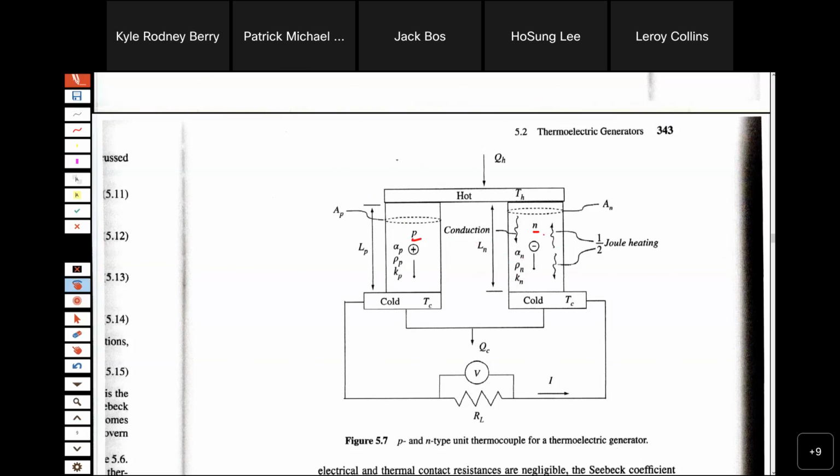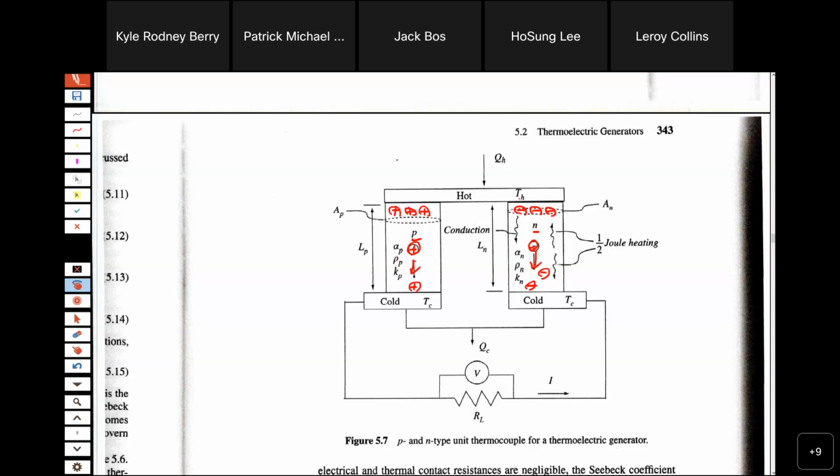In N-type, electrons are moving; in P-type, holes are moving. At the hot side more holes and electrons are created because of the energy, and less at the cold side, so the holes move.